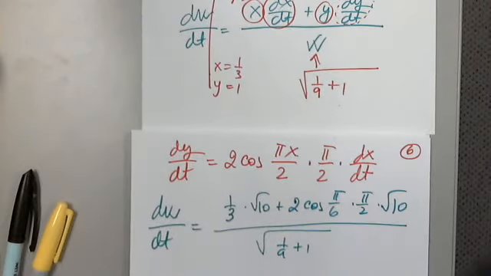So now I will put all this in the graphing calculator at once. So parentheses for the top, don't forget that, please. So I have the square root of 10 divided by 3, and then plus. I should have put the square root of 10 outside and factor it, but that's okay. Plus 2 cosine of pi over 6. I didn't need that. I should have just written the square root of 3, but that's okay. Over 2.